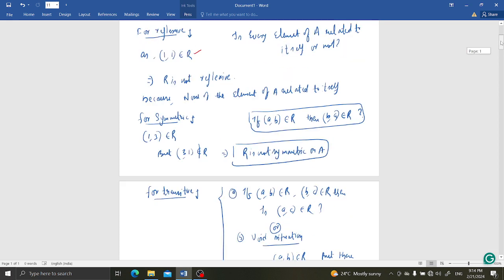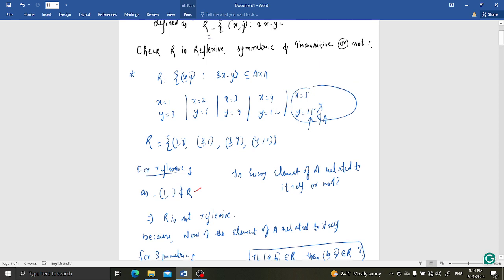Okay, now see our relation. In our relation we have (1, 3), (2, 6), (3, 9), (4, 12). Is any element starting with 3? Yes, (3, 9) starts with 3. So (1, 3) ends with 3 and (3, 9) starts with 3, so these elements we can use.